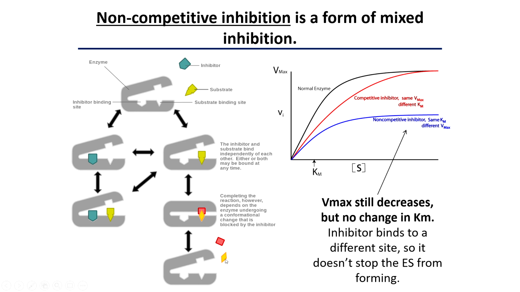It's blocked by the inhibitor. And so a product is not formed. If the substrate binds first, then the inhibitor has to bind, and then again, no product is formed. And the inhibitor is binding to a different site, so it doesn't stop the ES from forming. So the Km ends up being about the same if the inhibitor is binding both the enzyme or the enzyme-substrate complex with equal affinity.